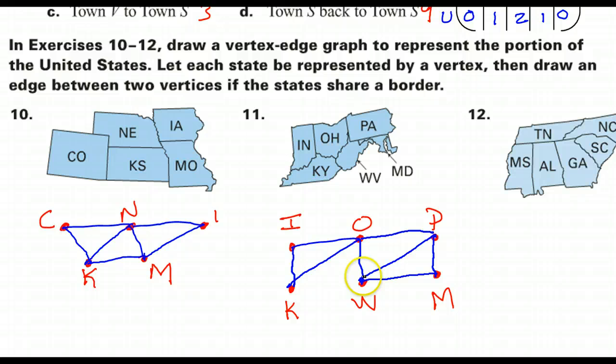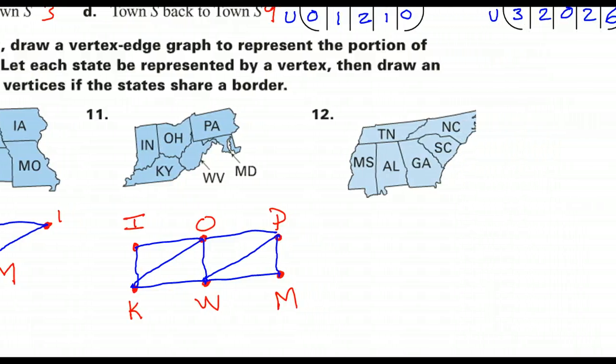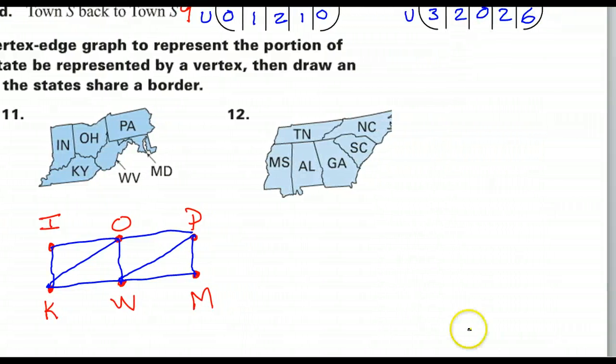All right, West Virginia. Obviously, it shares a border with Maryland and Pennsylvania and Ohio, but also shares a border with Kentucky. And Kentucky. Kentucky shares a border with Indiana, Ohio, and West Virginia. Boom, boom, boom. So that would be a nice little vertex edge graph for number 11. All right, last one.